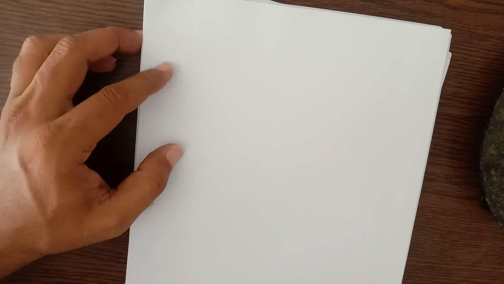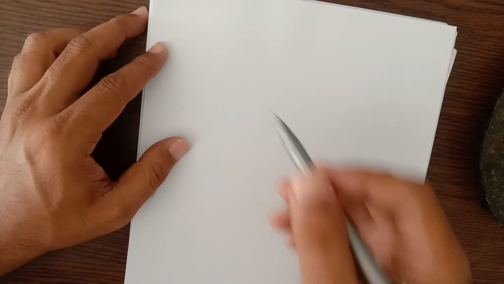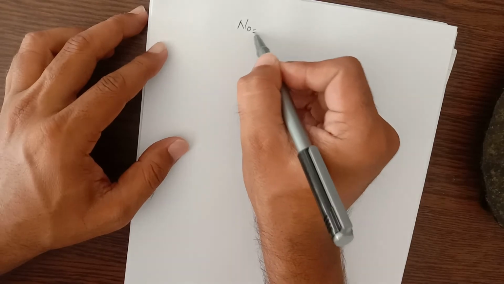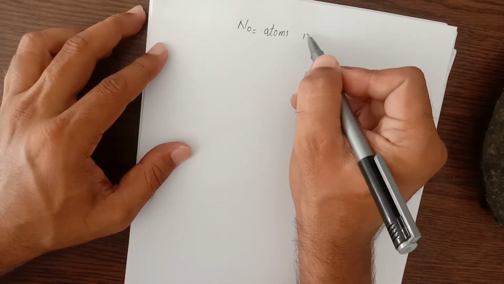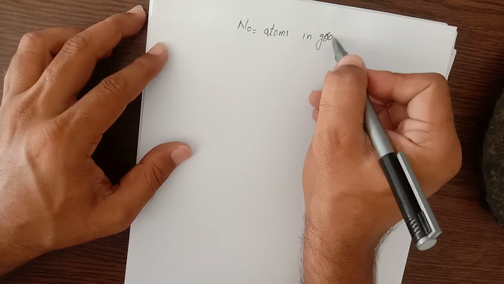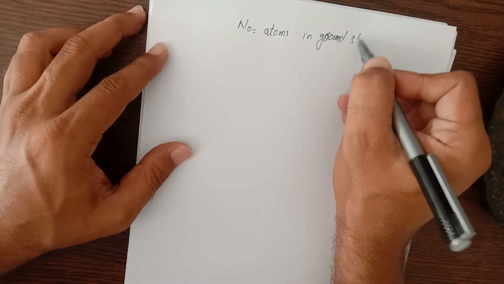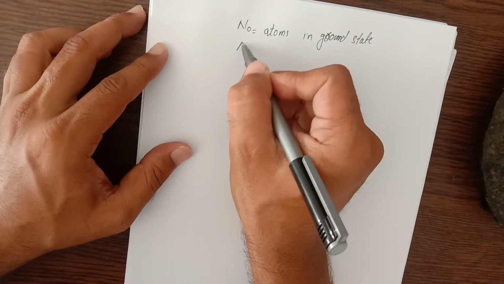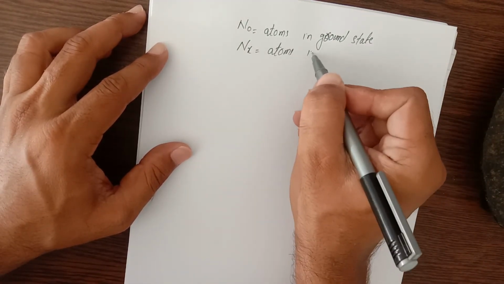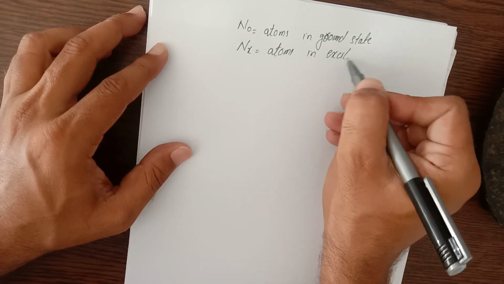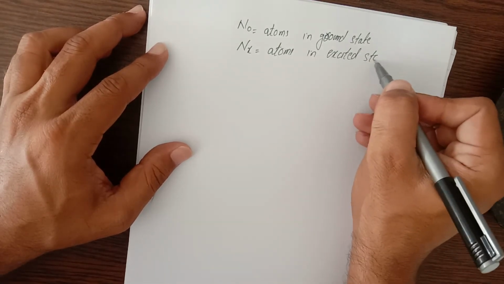This previous discussion took only a single atom with stimulated emission. Suppose now that we have n0 atoms in ground state rather than a single atom, and nx atoms in the excited state.